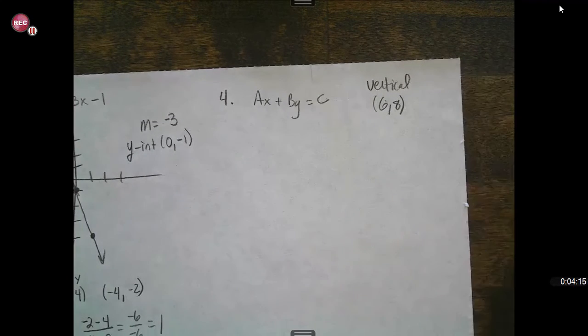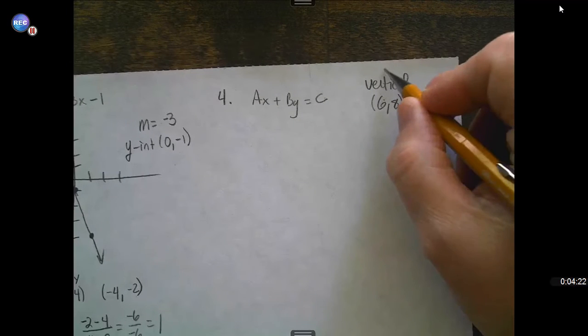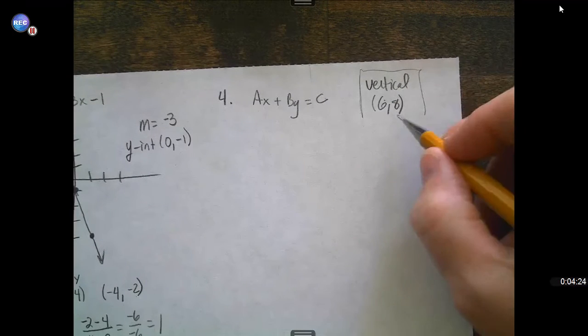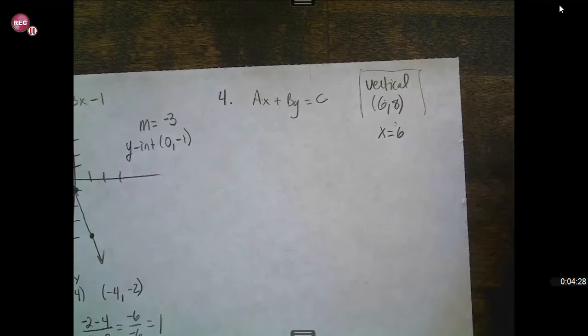Okay. And vertical lines are x equals lines, right? So the equation of the vertical line through this point would be x equals 6.